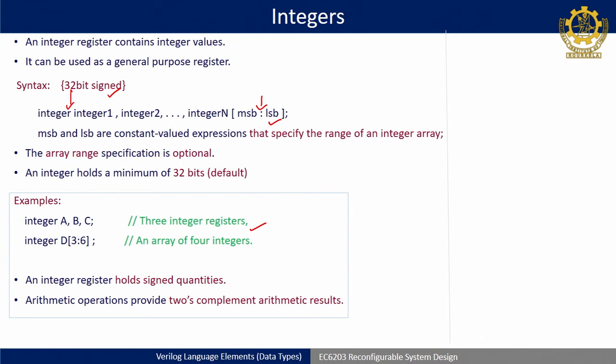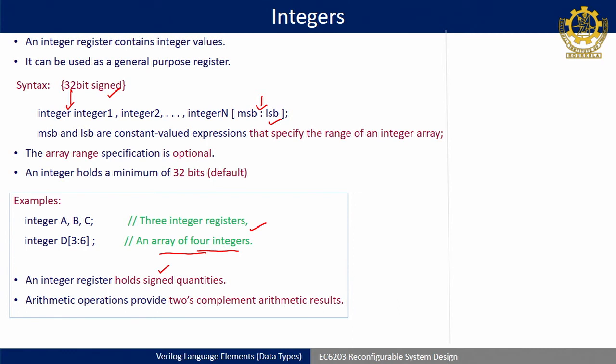And d 3 to 6 indicates 3, 4, 5, 6, so there are 4 array elements, and again each can store 32 bits of data. Okay. I also told, it holds signed quantities, and if any arithmetic operation you are performing using integer, then it has to be performed in 2's complement form.